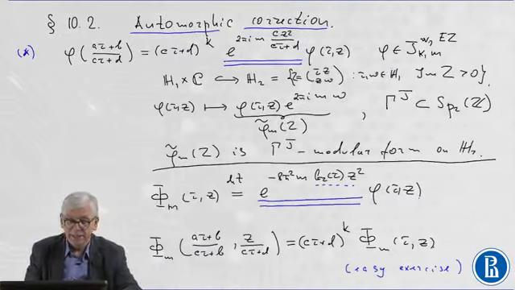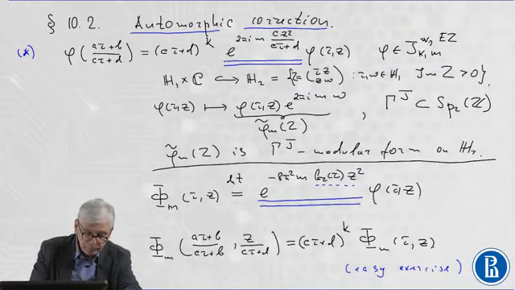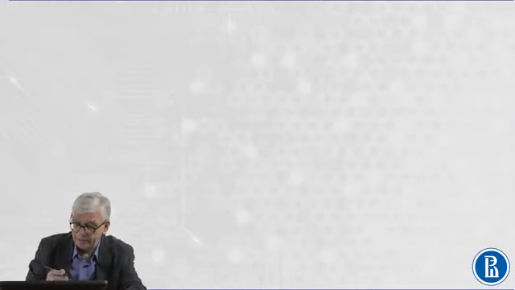But now let's analyze the corollary of this fact. So now I can write down the Taylor expansion of this automorphic correction.